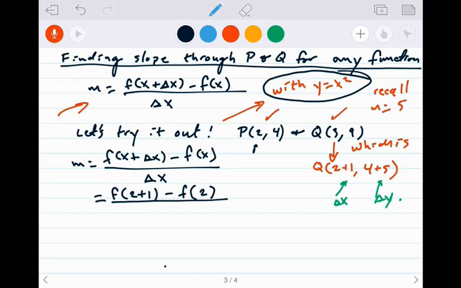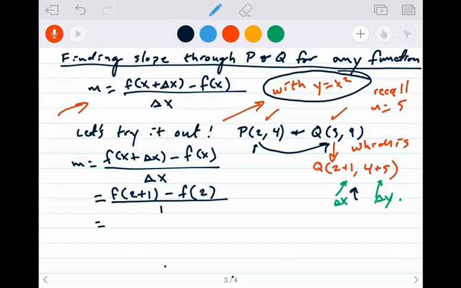Well, what's delta x? Remember, that's the increment that we increase the x variable by. We go from P to Q, so from 2 to 3. Delta x is just 1.